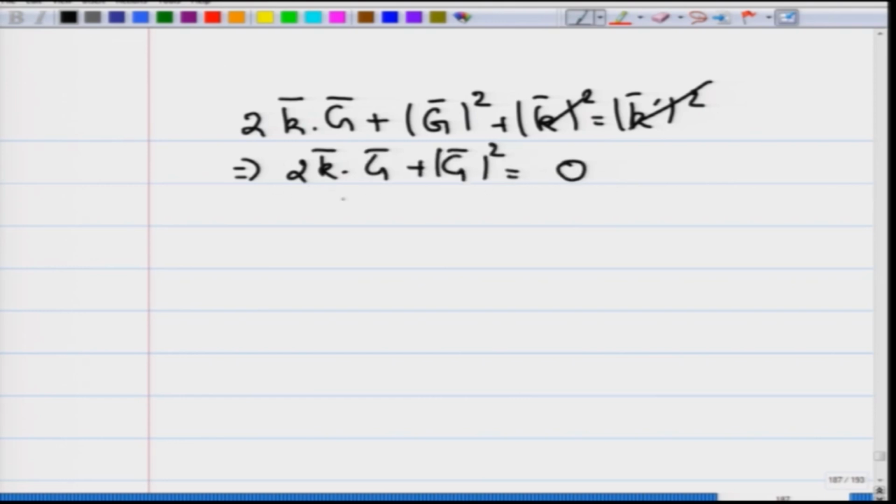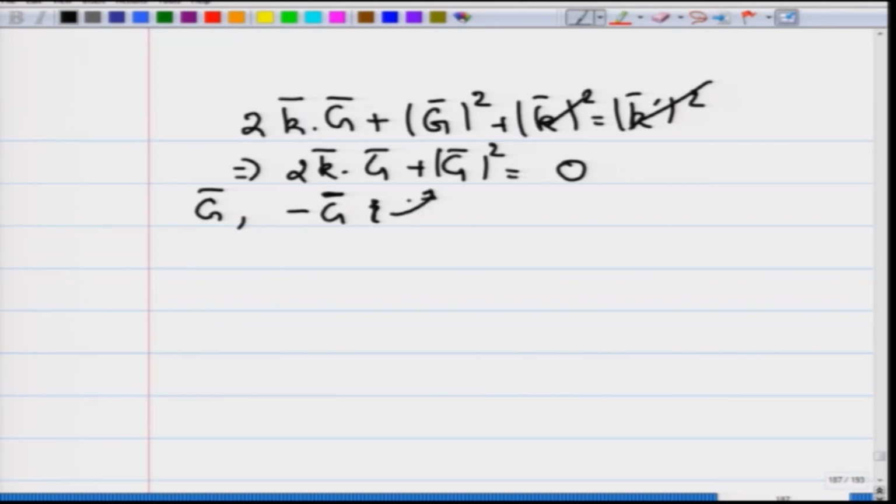Now, whatever is satisfied by G is also equivalently satisfied by minus G. So, in a reciprocal lattice, whatever is satisfied by the wave vector G is also satisfied by the negative of that wave vector.